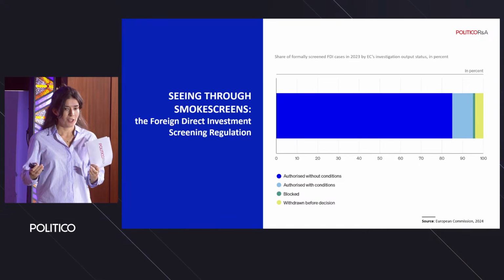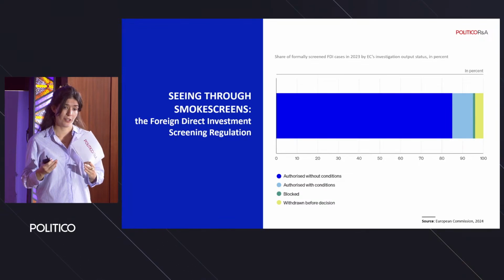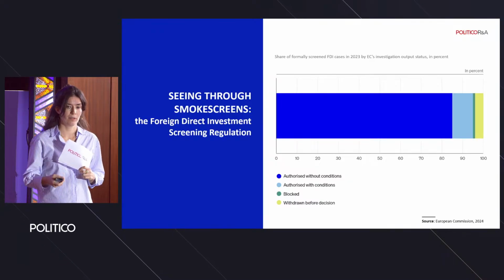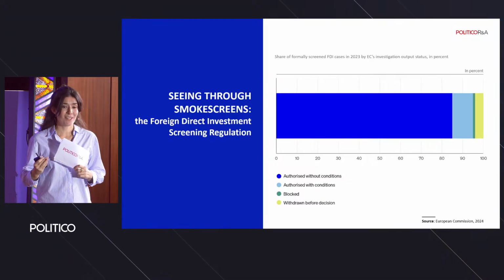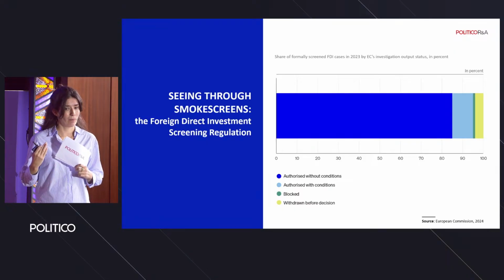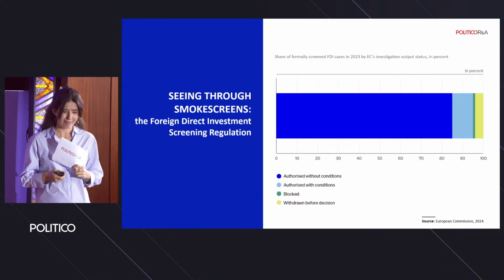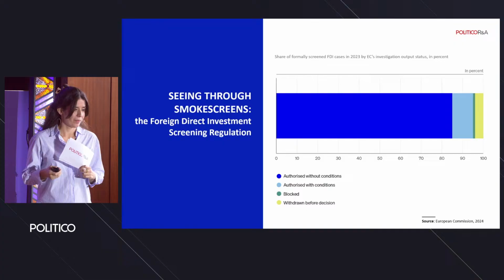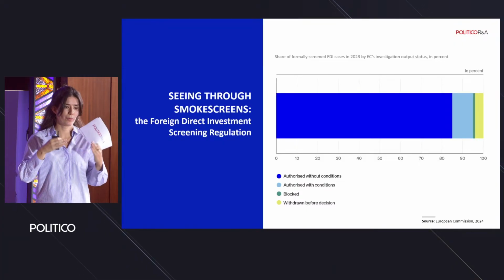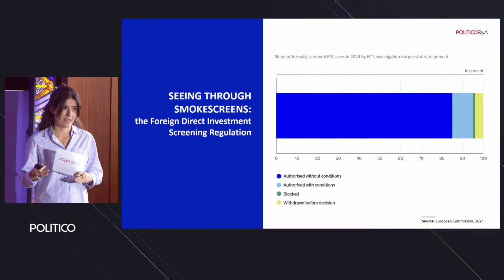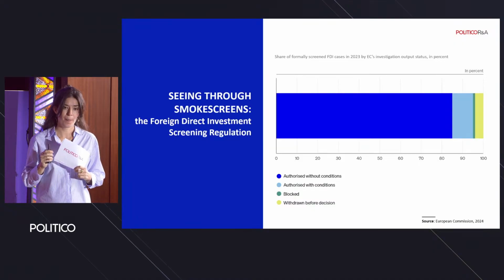And a smaller share are authorized with conditions and remedies, as shown in light blue in the graph. And only a minimal share of 1% get blocked, as shown in dark green, highlighting the EU's broader openness to foreign investments under the current regulation.